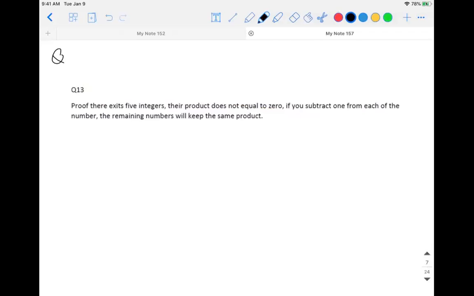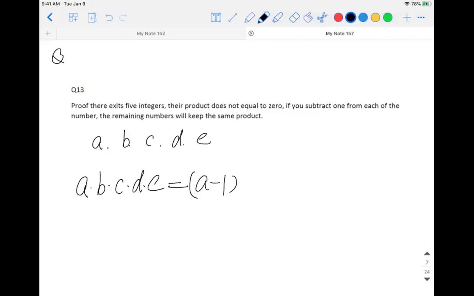You have A, B, C, D, E, 5 numbers, and you want to make sure that if you subtract 1 from each of them, the remaining product will still be the same. The product of these 5 numbers is the same as the product of everyone minus 1.